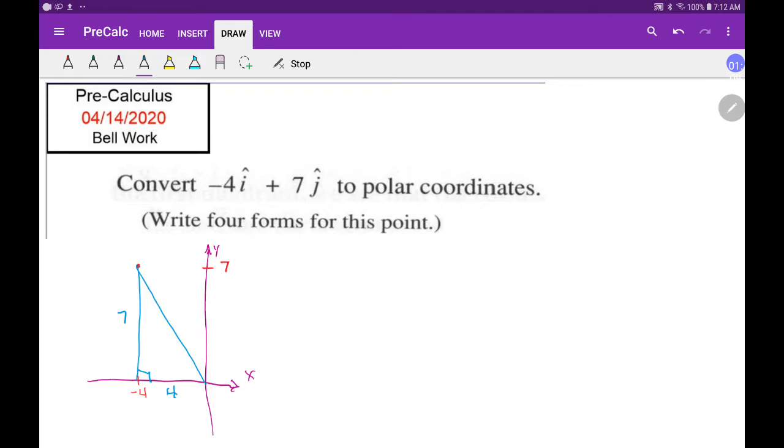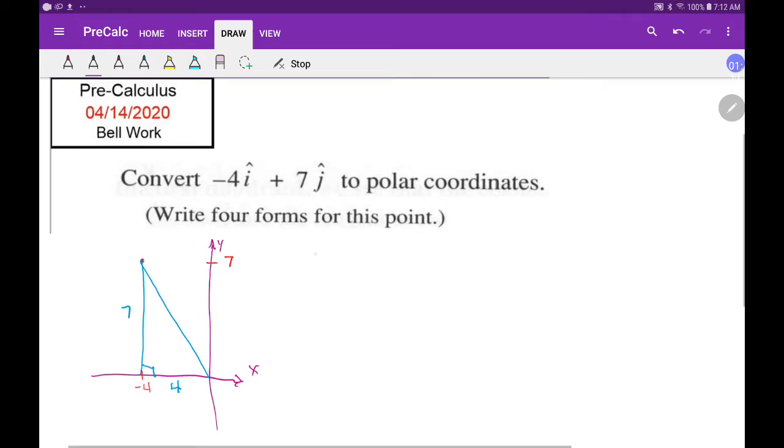So I'm going to say, let's see, I want the angle, so the arctangent of the opposite over the adjacent should give me what the angle is. And I look at my calculator and I make sure I'm in radian. Well, do I want radian? Let's use degree.